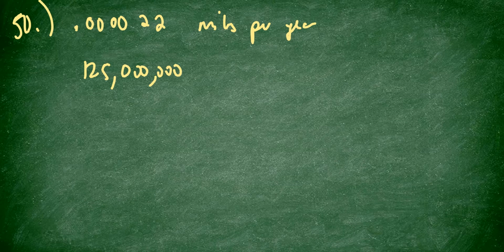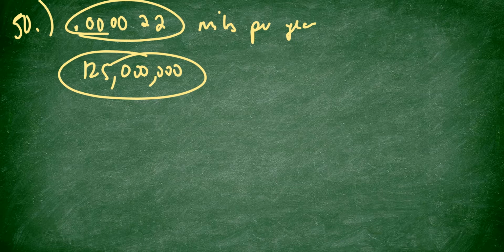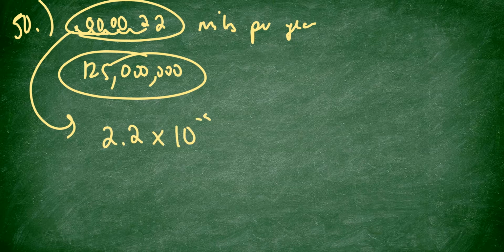So all you have to do is multiply this times this. They want you to use scientific notation. So I'm going to take that and write it in scientific notation. I'm going to move the decimal 1, 2, 3, 4, 5 decimals to the right. And this, I'm going to move the decimal 1, 2, 3, 4, 5, 6, 7, 8 decimals.